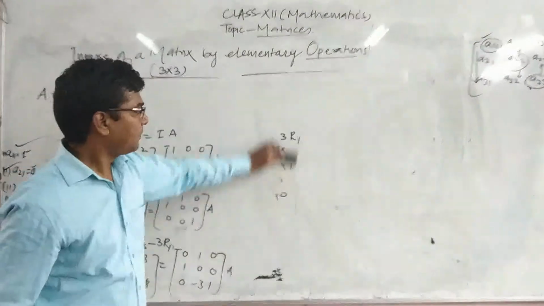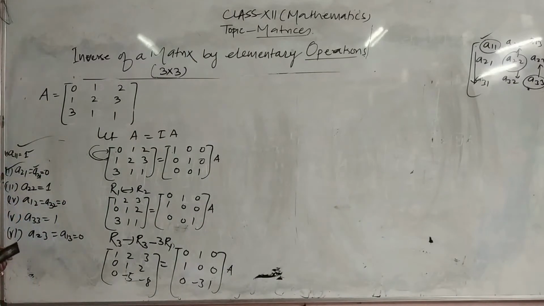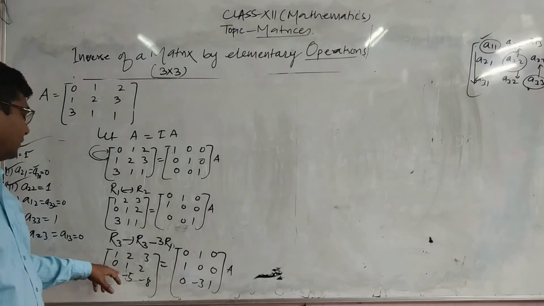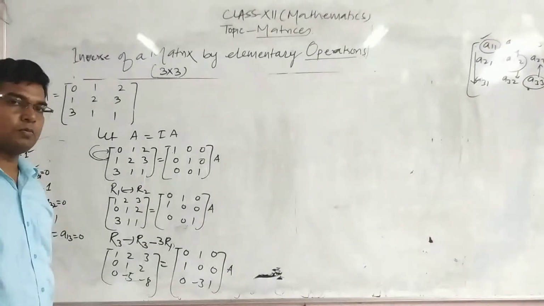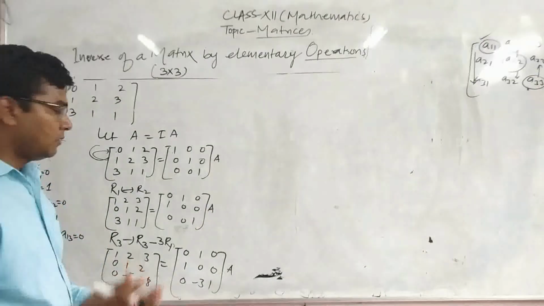Yes or no? Now we will make A22 1, which is already 1, so no need to make it 1. In some cases, suppose it is 5, what will you do? Just multiply row number 2 by 1 by 5. Definitely your A22 becomes 1.